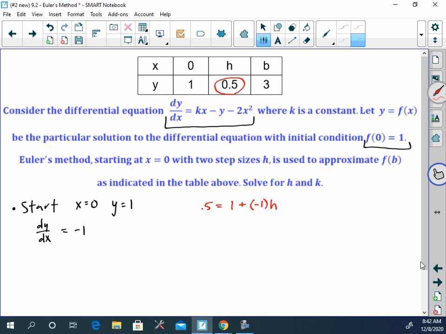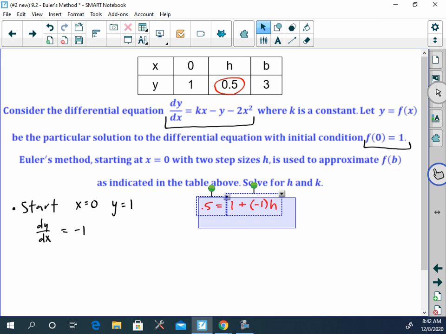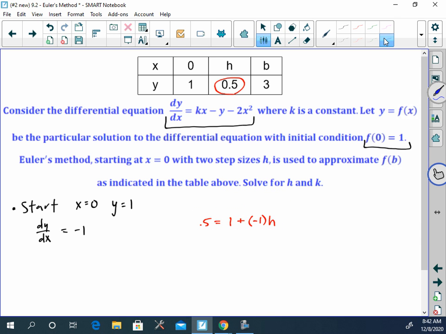Yeah, just hold up 1 second here, Claire. Okay, so let me just write the equation right above here. My equation is the y new equals the y old plus the slope times the step size, right? Change in x or step size, however you want to write that.